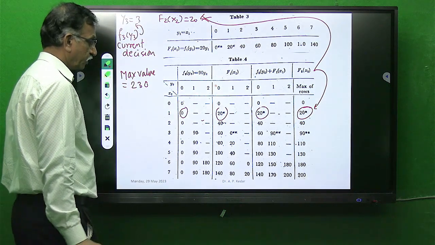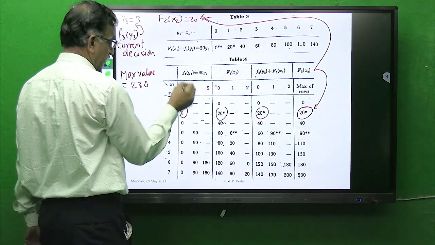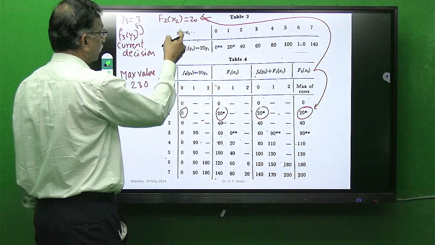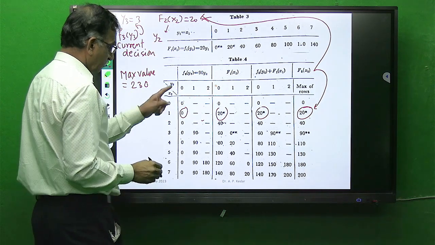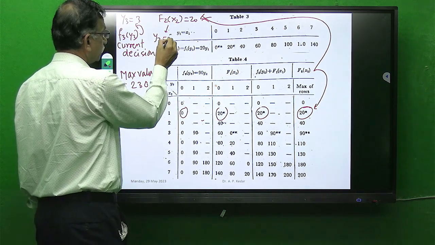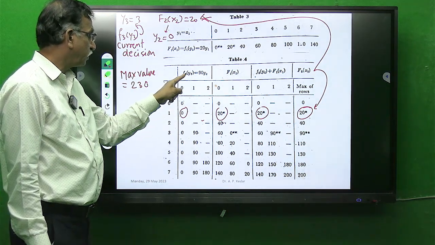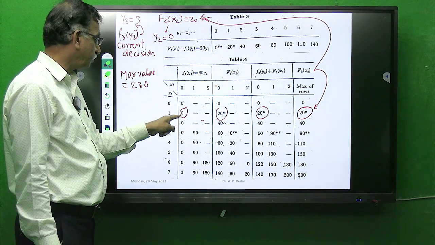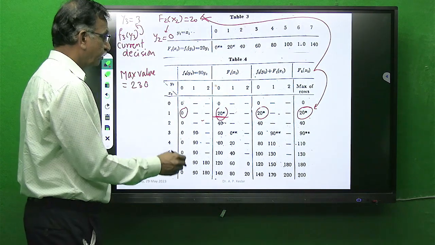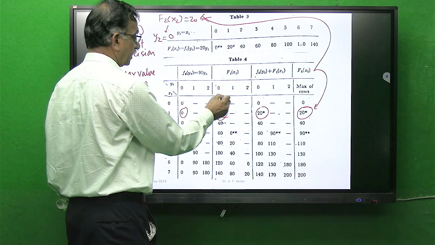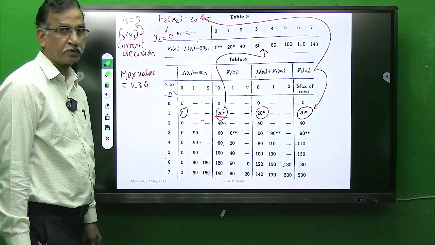Now important, for this 20, your current decision of y2 says it is 0. Your current decision says that f2 of y2, for the y2 value, is 0. Now backtrack this 20. 20 is from f1 x1, and students, this is the table of f1 x1.